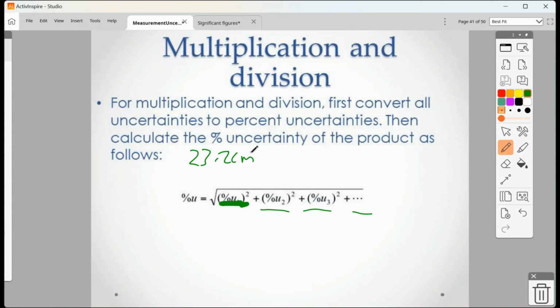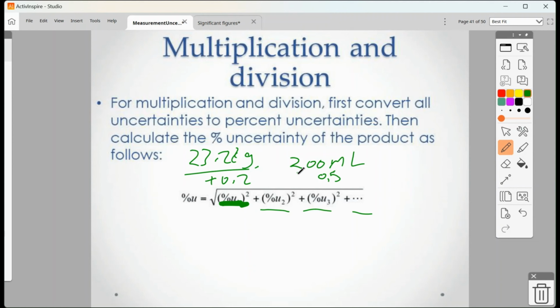For instance, if we have 23.2 centimeters square, and then we want to divide 23.22 gram by 200 milliliter. Suppose the uncertainty here is 0.2, and the uncertainty here is 0.5.